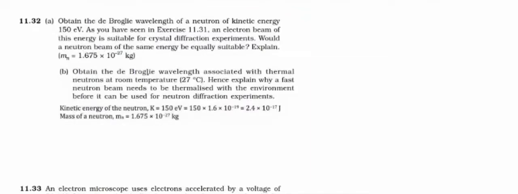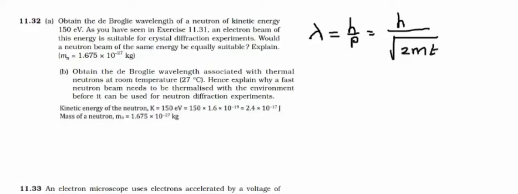Obtain the de Broglie wavelength of a neutron having kinetic energy 150 electron volt. De Broglie wavelength, lambda is equal to h by p, which is equal to h divided by under root 2mE, and the energy is given as 150 electron volt.